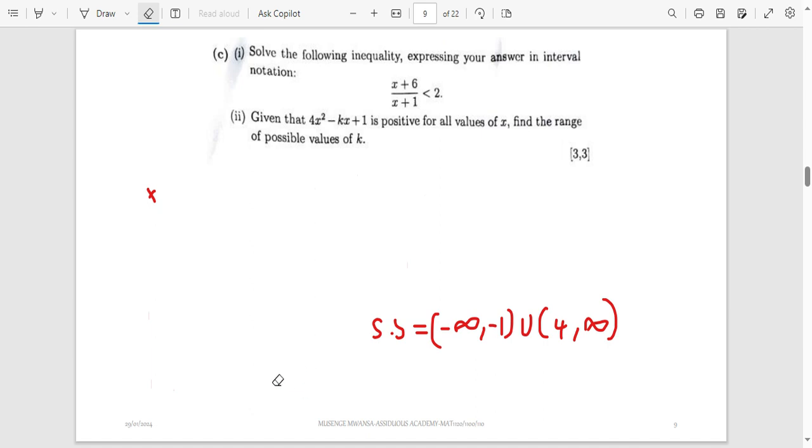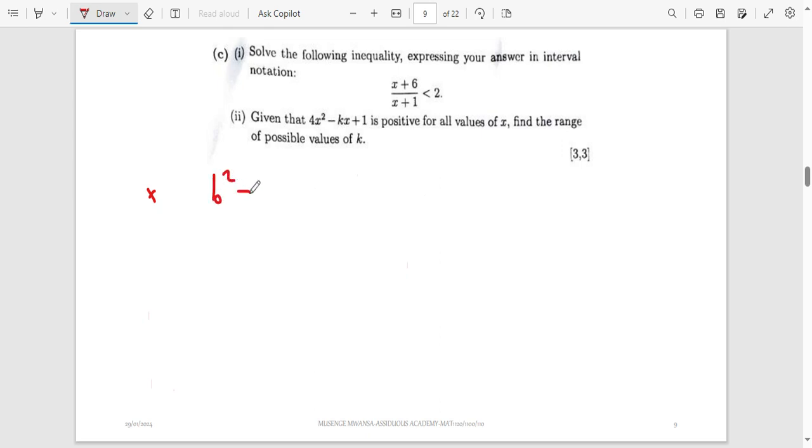Now I want to find the range of possible values of k. The only way a quadratic will give you positive is when what is inside is greater than 0. B squared, what is inside the root, b squared minus 4ac is greater than 0. Okay, because this is positive.